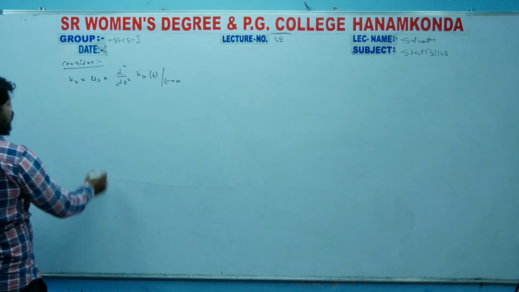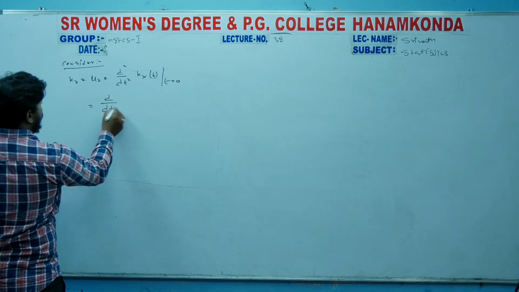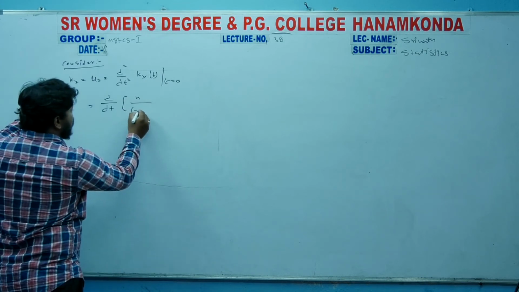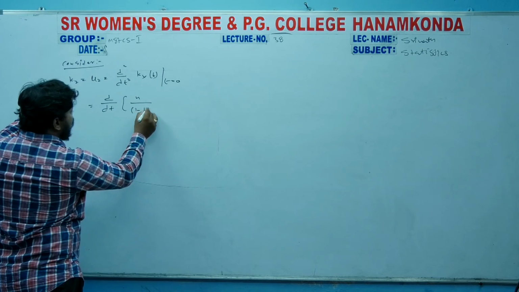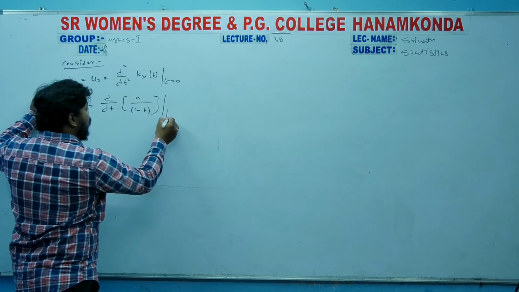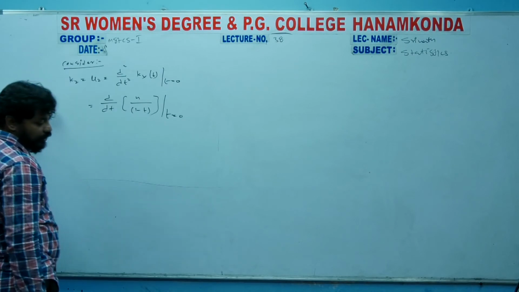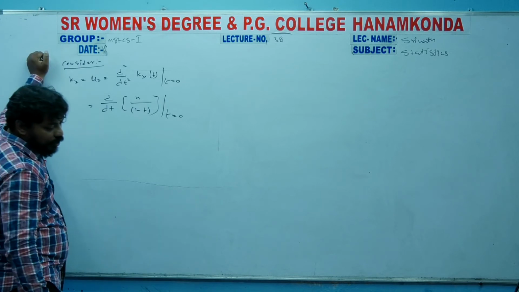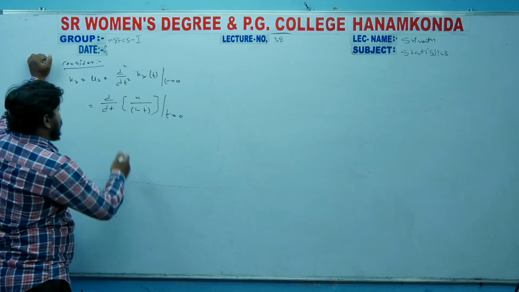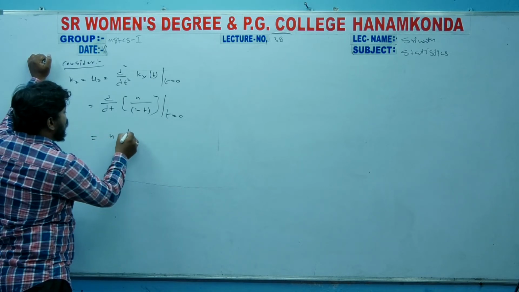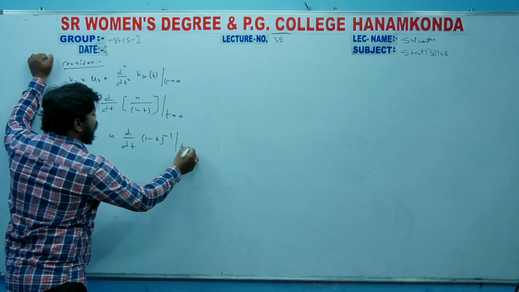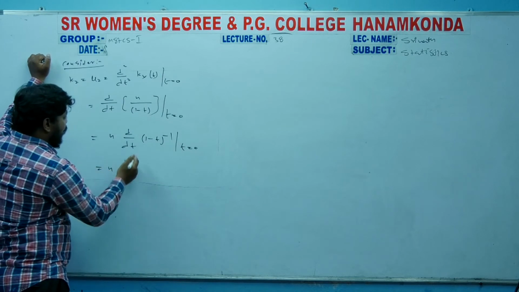We take the derivative of the first derivative, n by 1 minus t, at t equal to 0. n is the constant, so we can write n into d by dt of (1 minus t) to the power minus 1 at t equal to 0.